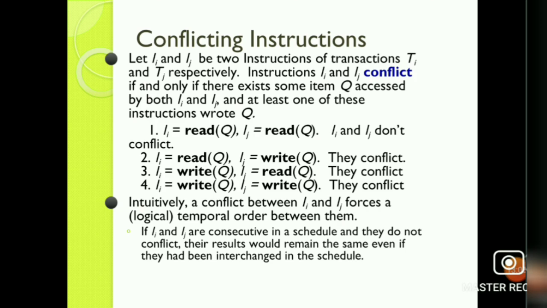Fourth, both are writing. There will be a conflict. If Ii and Ij are consecutive in a schedule and they do not conflict, the results will remain the same even if they have been interchanged in the schedule.